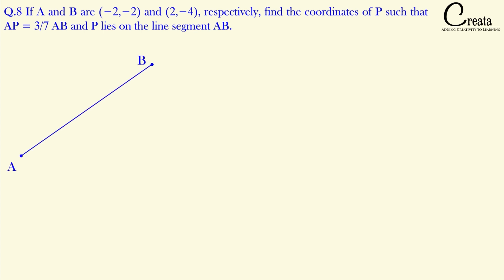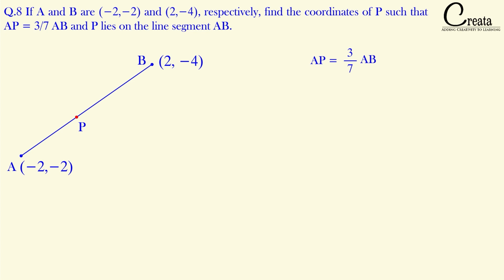The coordinate of point A is (-2, -2) and the coordinate of point B is (2, -4). One more point is also given on this line segment AB, which is point P. Further, it is given that AP is 3/7 of AB, and we have to find the coordinate of point P.